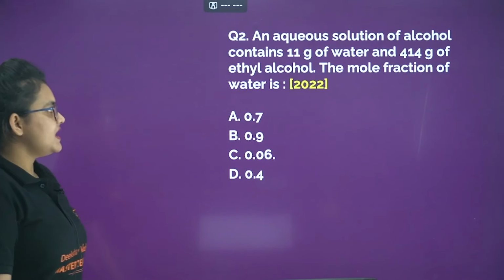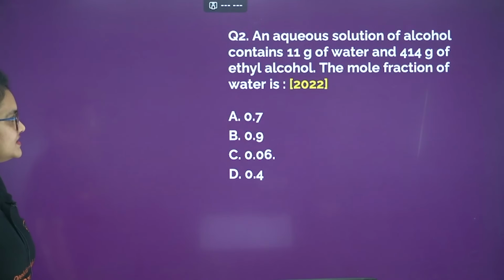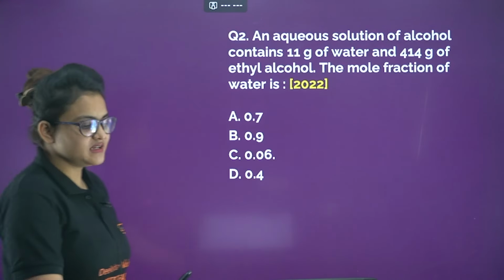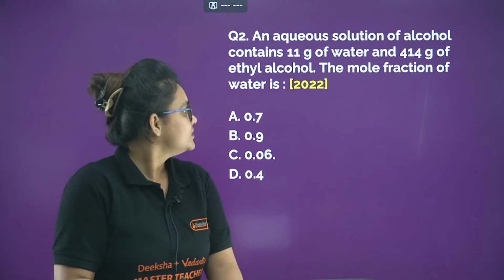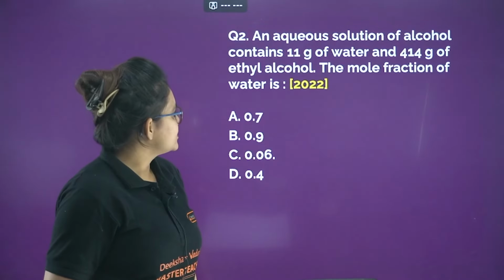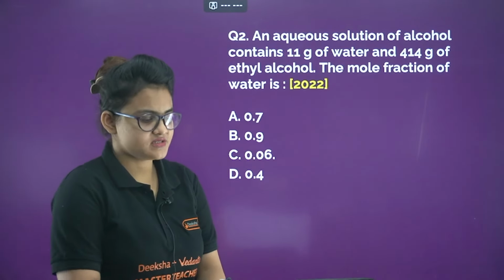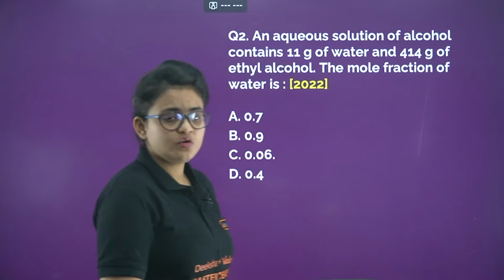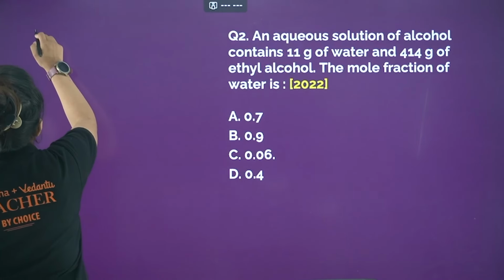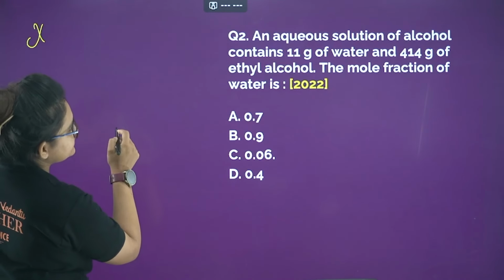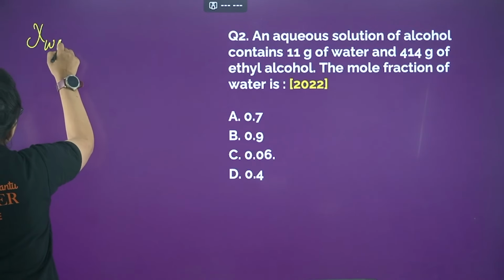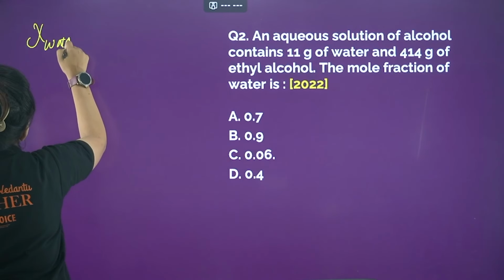So here you can see an aqueous solution of alcohol contains 11 gram of water and 414 gram of ethyl alcohol, right? So the mole fraction of water you have to find out from this. So here what you have to do, if you want to find out the mole fraction of water, what information do we need?